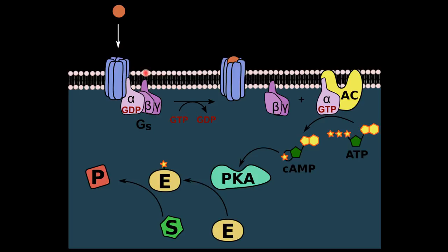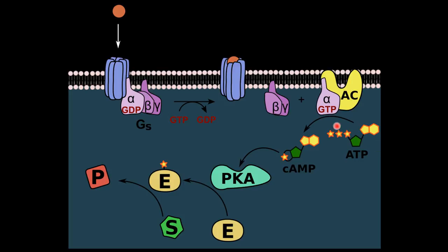That is then going to interact with this G protein, at which point this alpha subunit that has a GDP attached to it is going to unbind, and it's also going to swap its GDP for a GTP. So now it's a GTP associated alpha subunit, and it is going to activate adenyl cyclase.